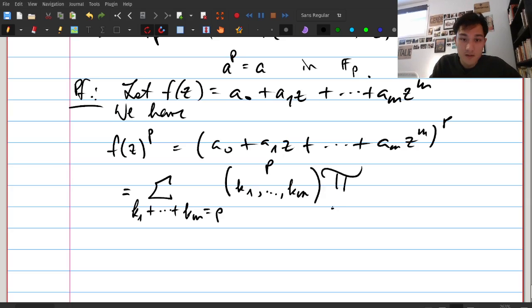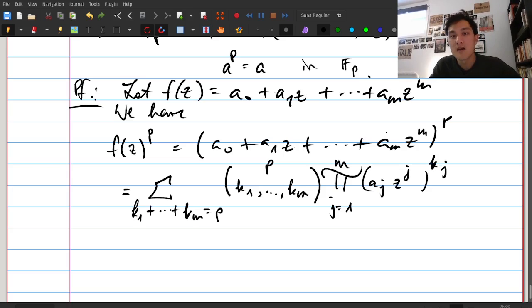Product of j equals 1 to m of a_j z to the j, to the k_j. What is this saying? Well, we want to figure out every way you could possibly pick p of these, right? Every time you have the product of p copies of this polynomial, there's going to be p of these terms combined together to make this product.